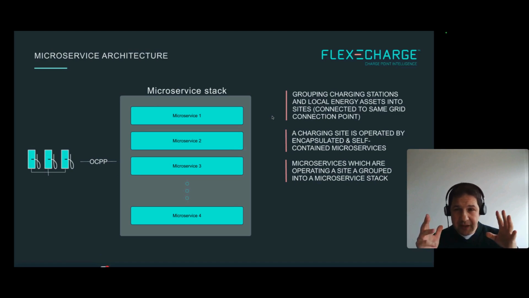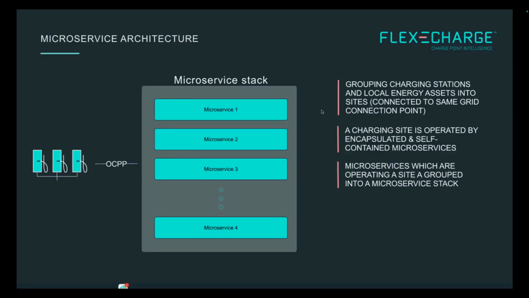The site is operated by encapsulated and self-contained microservices, and each microservice inside the stack has a specific purpose and a specific task. This stack then operates a number of chargers, including, for example, energy assets like power meter integration, so reading external building load, or integration of batteries, PV panels, and so on, which can be done, but does not necessarily need to be done.